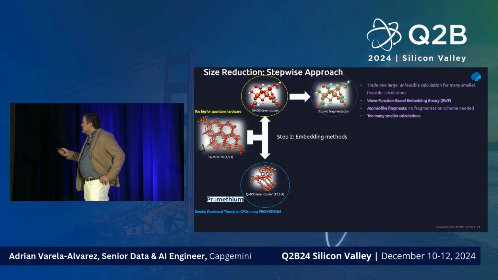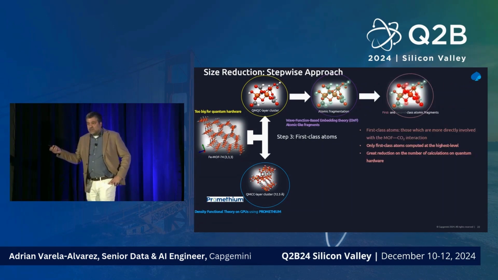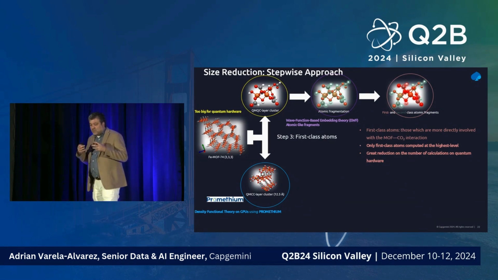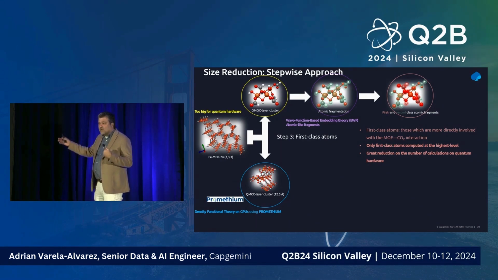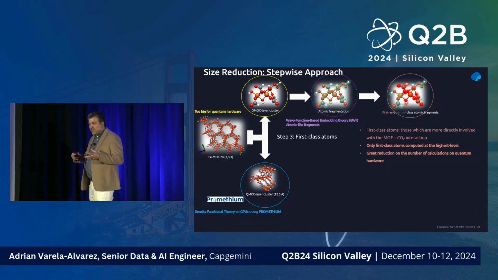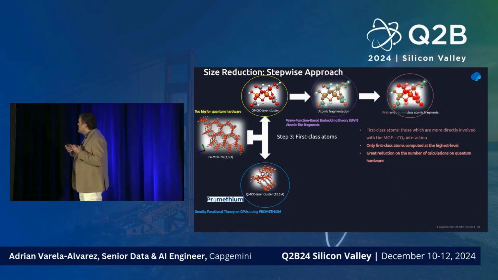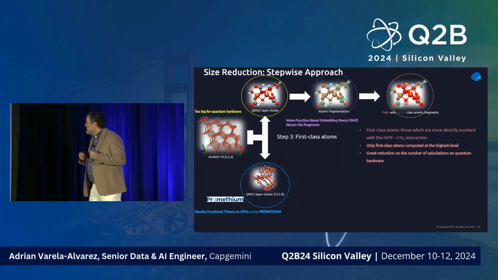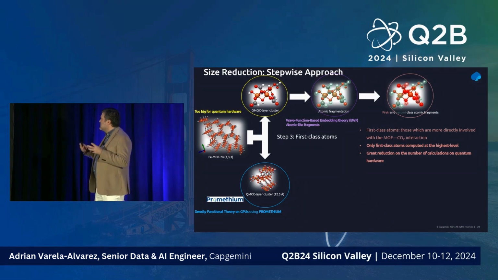So what do we do? We applied our chemical intuition. We know that chemistry is very local. So only the atoms that are very close to the point where the metal-organic framework and the carbon dioxide interact are going to be the most relevant ones. So we decided to group the atoms in terms of first and second class atomic fragments.